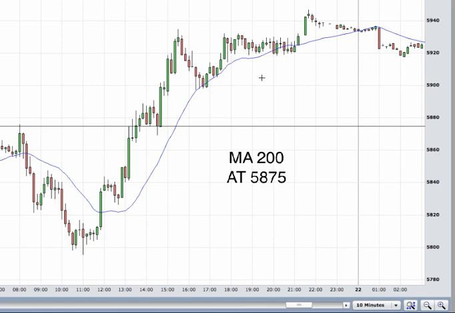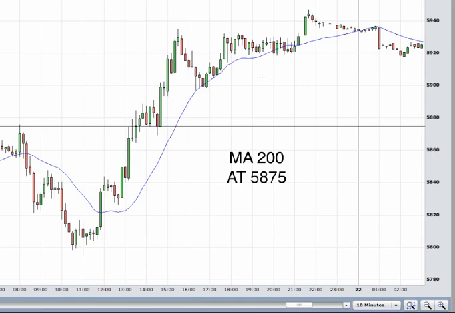There's no use for it being up at 5900 whatsoever. But as I said, all the professional traders are using the cash charts to do their analysis, so you really want to be following what they're doing. What I do is I do my analysis on the cash charts, and then I just apply them to my live spread betting company charts the next day. That's not a problem at all.